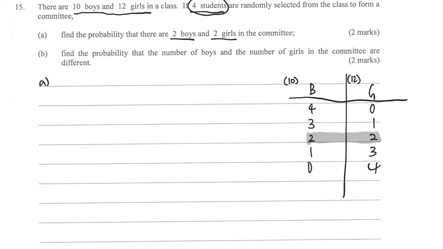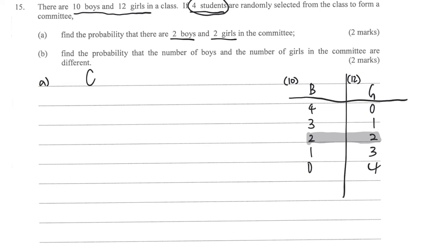If you remember nCr, the n is the number of total possible outcomes, and r is the required outcome. According to this case, we want 2 boys to be selected out of the 10.